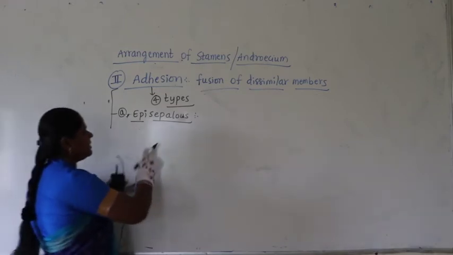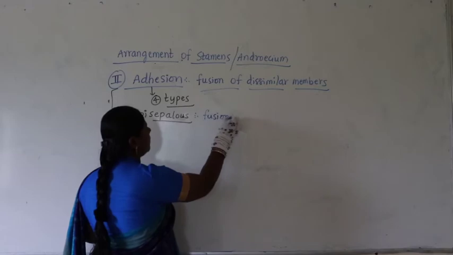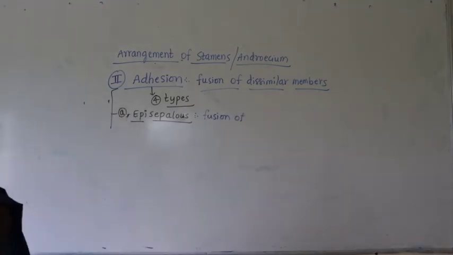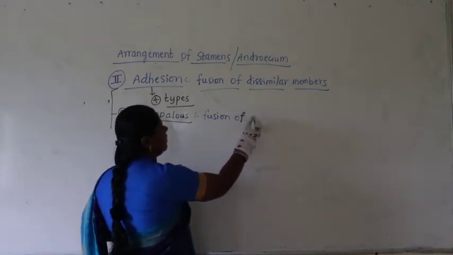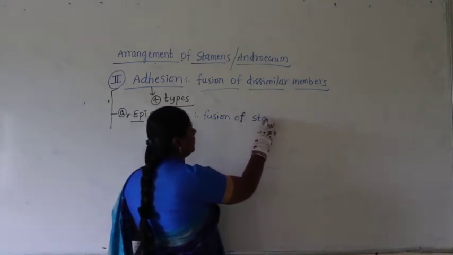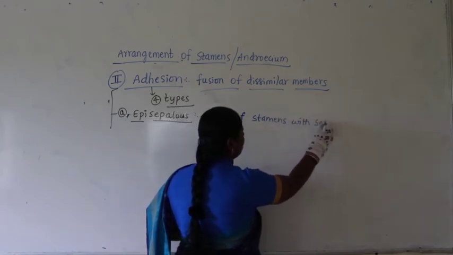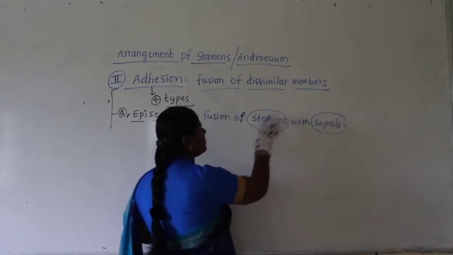So what is it here? Episepalous means we can write: fusion of stamens with sepals. What are the two things getting fused?